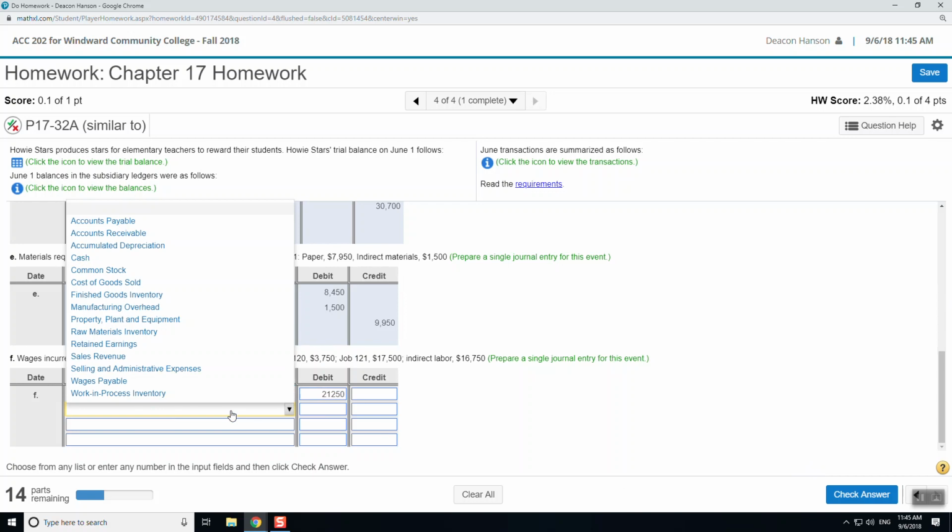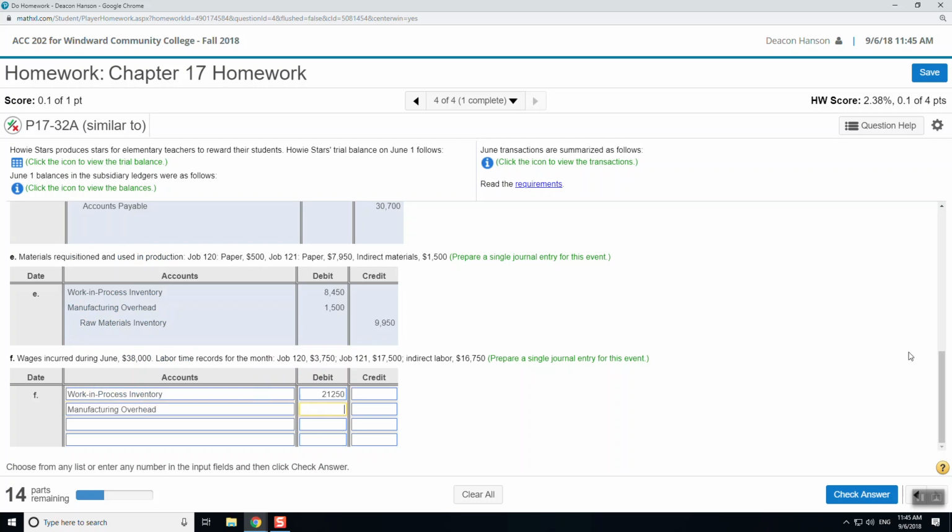And then my overhead, see, anything that's indirect gets accumulated in manufacturing overhead as it's incurred. 16,750. Okay. Now, you know, there could be an intermediary step in this where you accumulated it as payroll expense and then you moved it out of payroll expense and stuck it into the jobs, but I believe they're putting it directly in there.